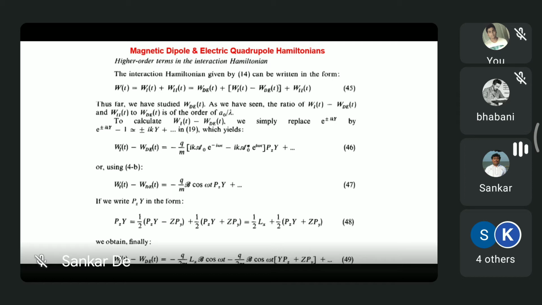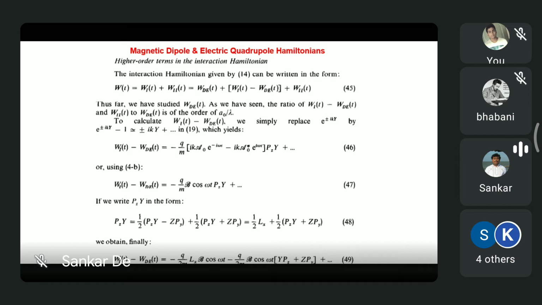Okay, so therefore we replace everything as per equation 48 into the expression for W1 minus W_DE. So we got a term of q by 2m L_x B cos omega t and another term of cos omega t times y p_z plus z p_y.